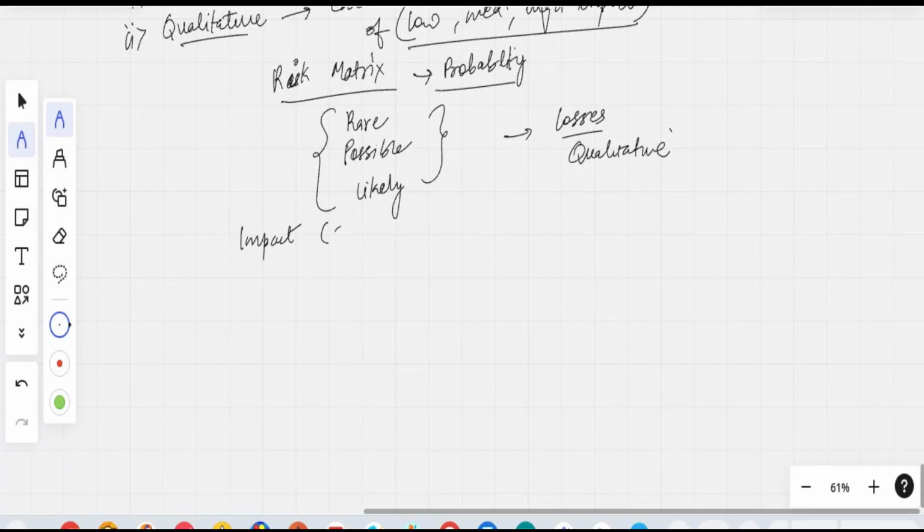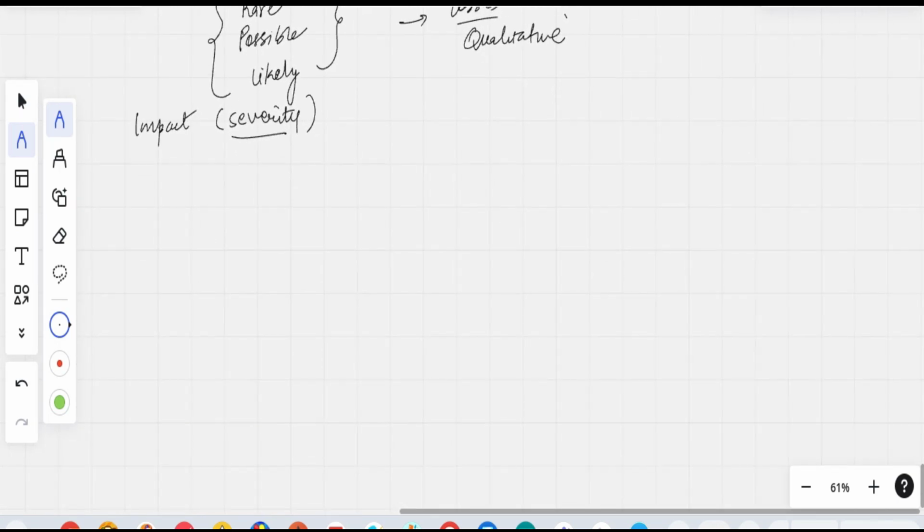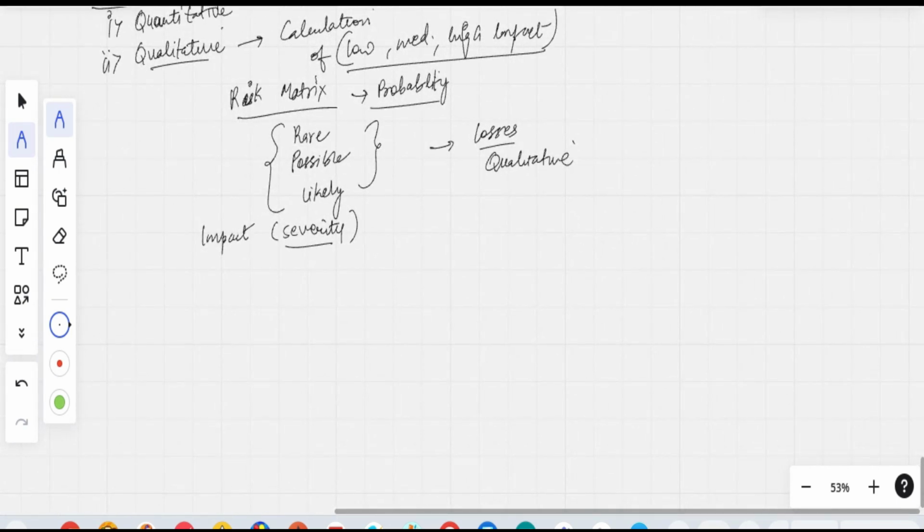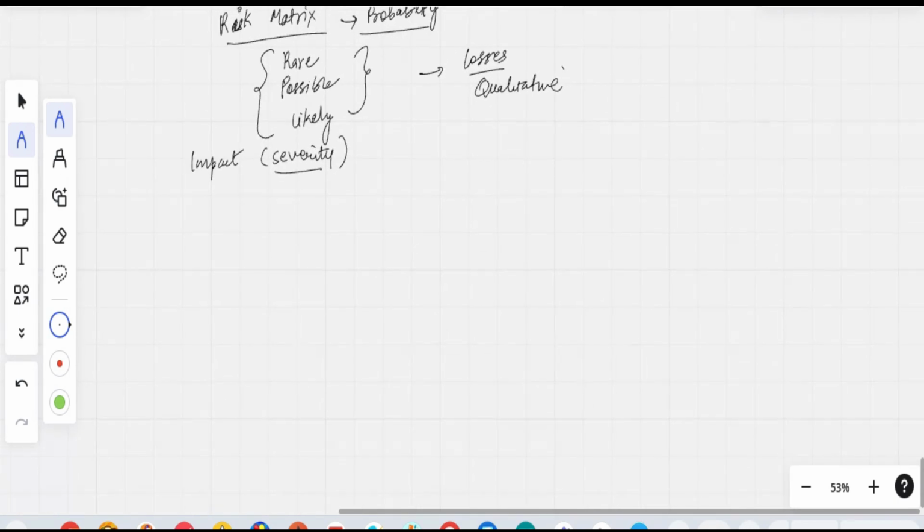Impact is basically severity: how severe it is, what the consequences of this particular risk are. That could be represented as major, critical, minor, moderate. This is all about the severity of this qualitative risk, and based on that it is qualified.